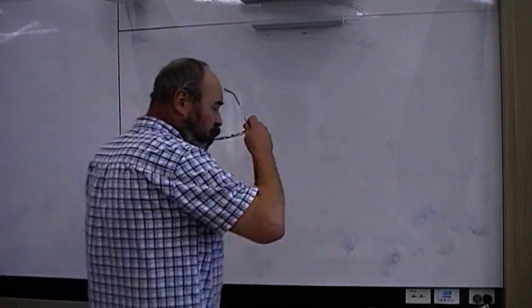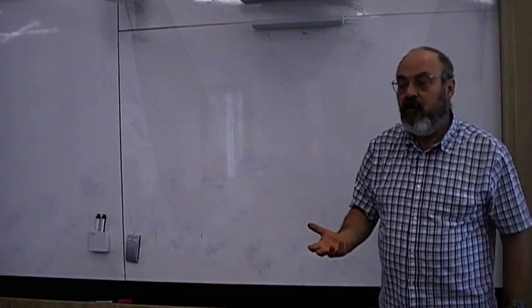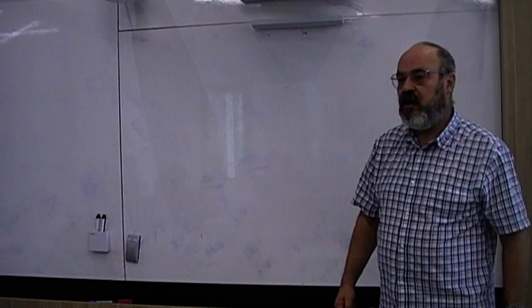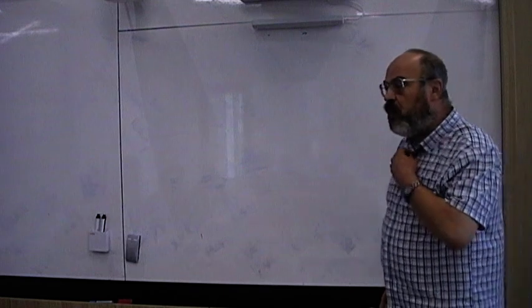Atoms. What atoms made from? Electrons and nucleus. And what electron doing in atom all the time? They're moving, and this is what is electric current? Movement of the charges. So electrons moving in the atom around the nucleus, they create magnetic field.